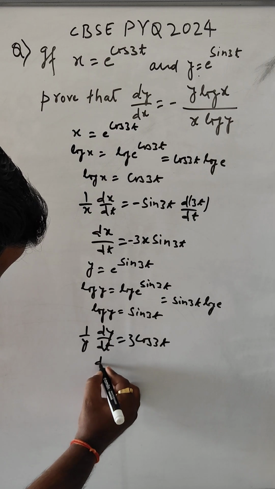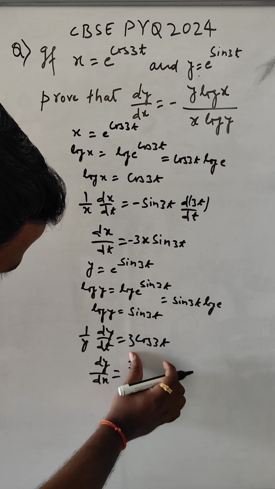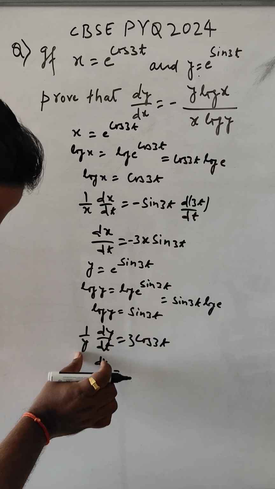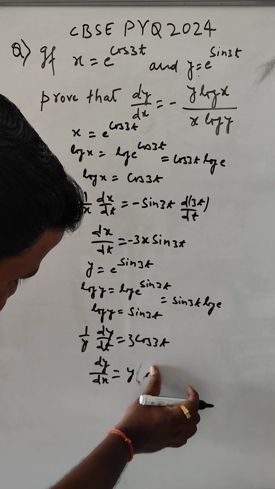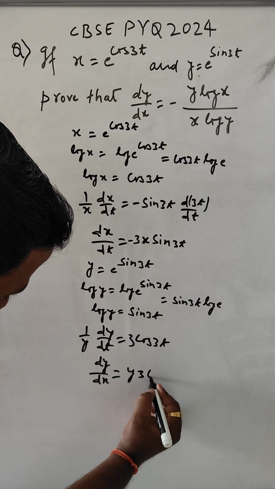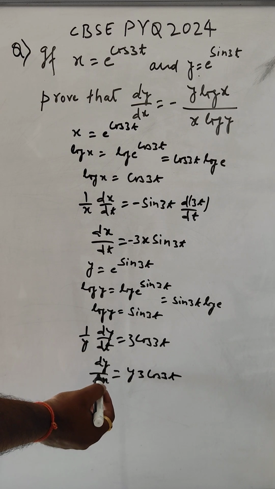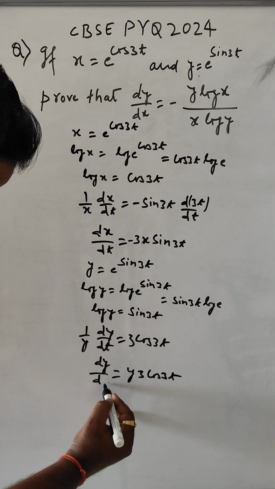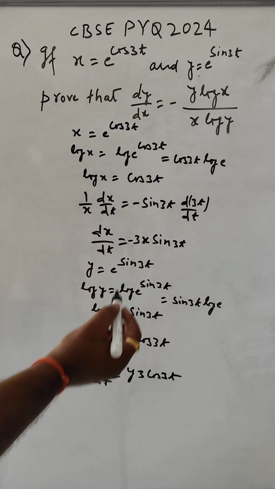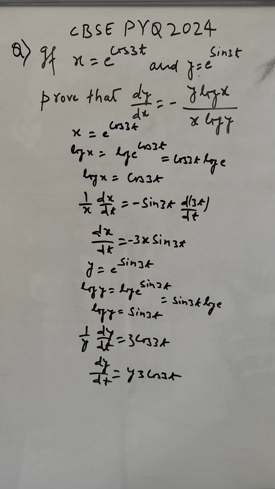So here dy by dt is equal to, bringing y to this side, 3y cos 3t. Now we have got dy by dt and dx by dt, so we have both the things.